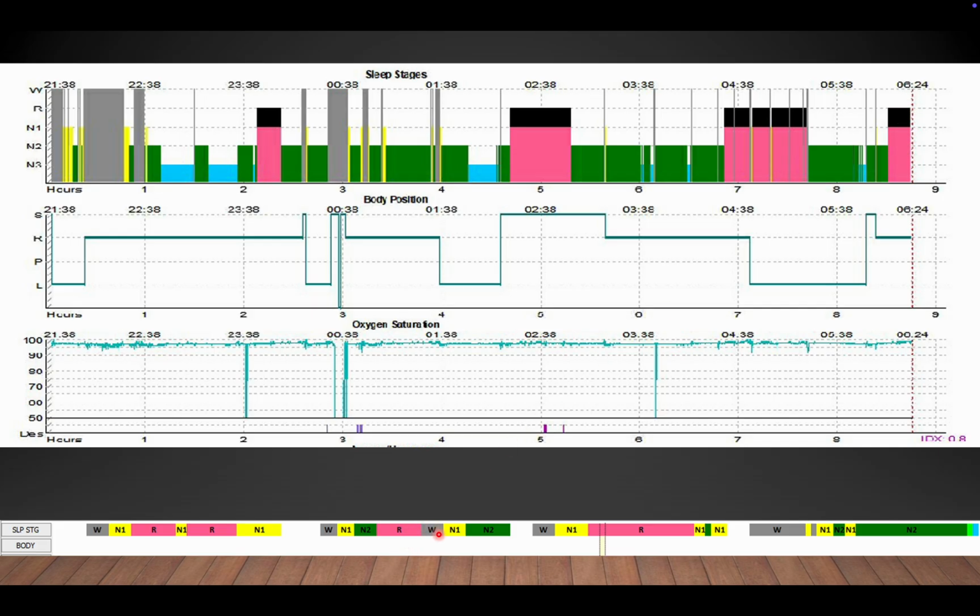But for this patient, there were 2 more SOREMs, which gives us a clear indication for the diagnosis, along with the clear signs and symptoms. But always try not to wake the patient from the REM sleep.